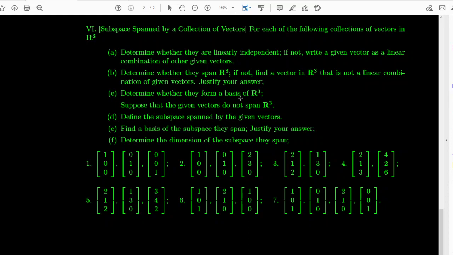Determine whether they form a basis of R3. They're linearly independent, and also they span R3, so they form a basis. If the answer to A, B, and C are yes, then you do not have to answer D and F.